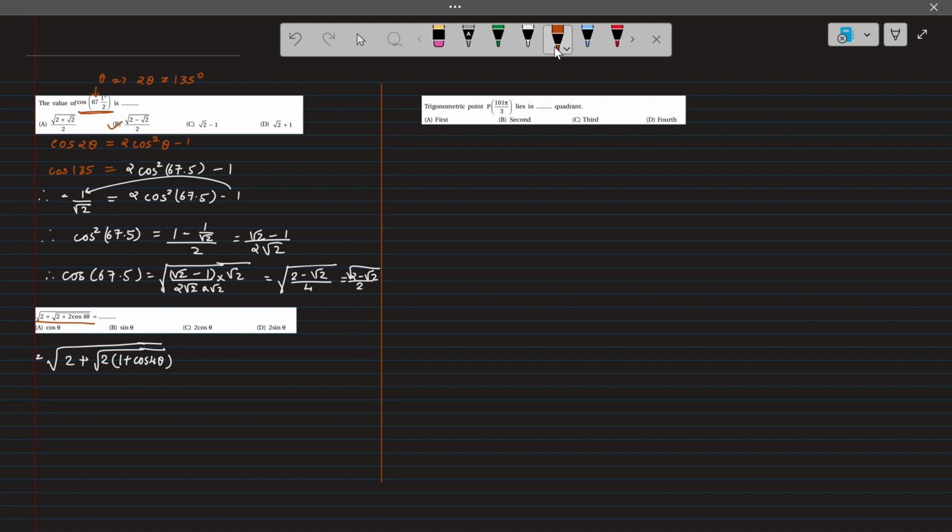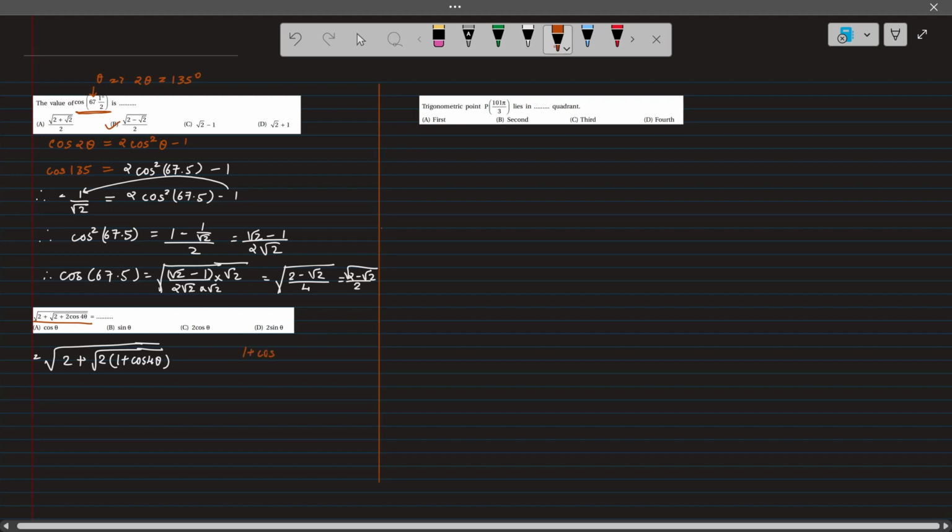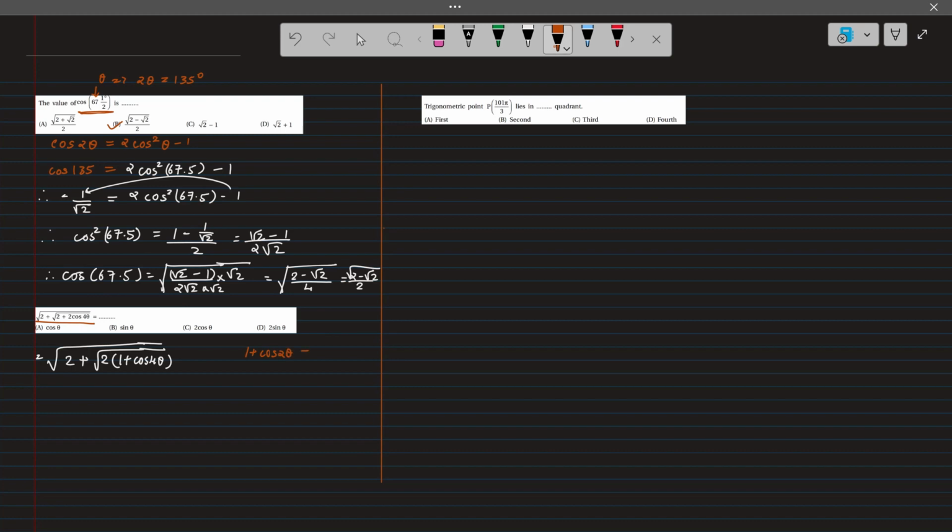Here we can use the identity 1 plus cos 2 theta is equal to 2 cos square theta. Here we have 4 theta. So instead of 1 plus cos 4 theta, we can write 2 into 2 cos square 2 theta.